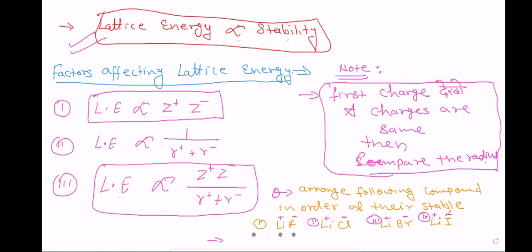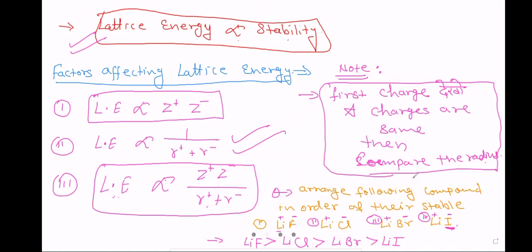Li is common, so we go for the halides. The size of I is largest, and lattice energy is opposite to the size. If the size increases, lattice energy decreases. So the stability of LiF is maximum, then LiCl, then LiBr, then LiI.